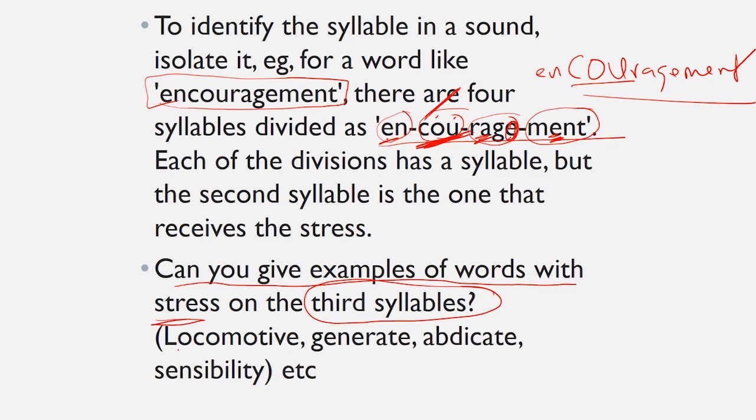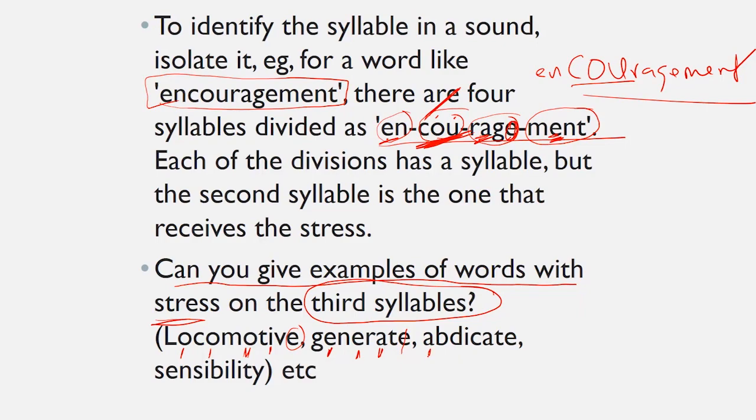Look at the first one here. The first one is this word, locomotive. Look at this here. This is one syllable, another syllable here, another one here. Now this other syllable here is another one, but this is not pronounced. Then the second one has one syllable here, another syllable here, another syllable here. This is not pronounced.